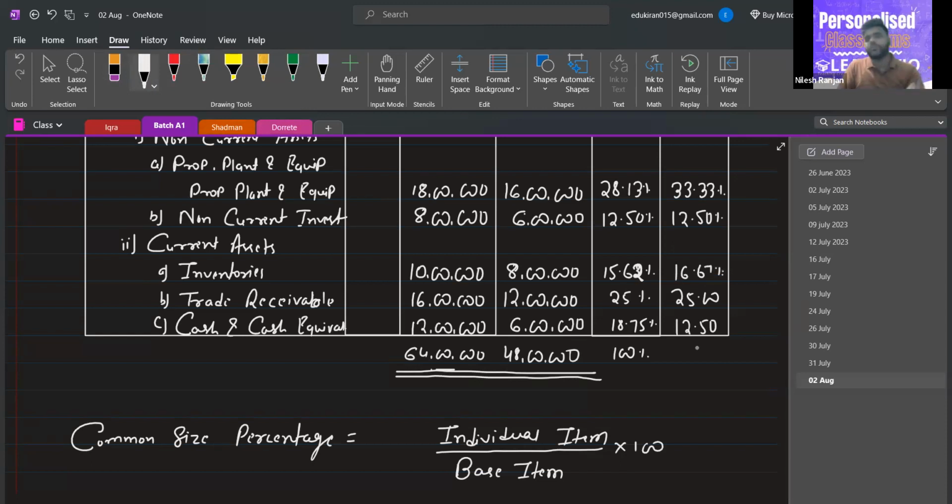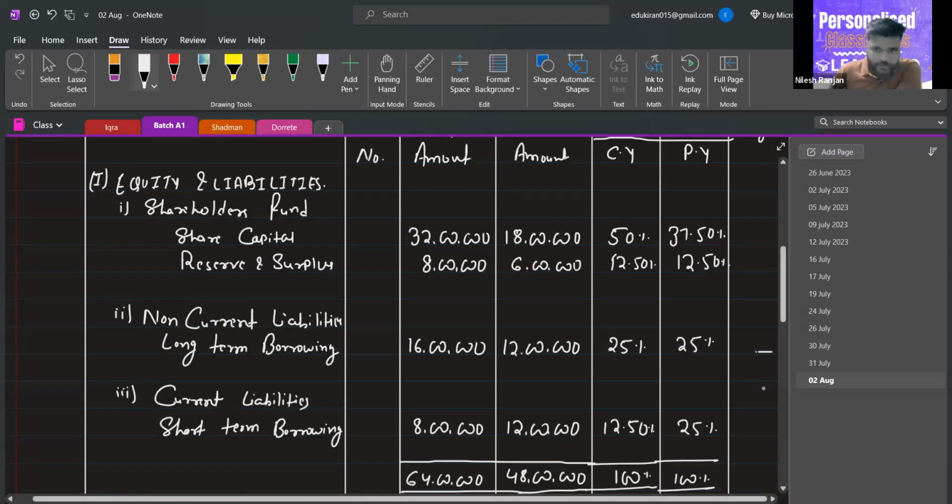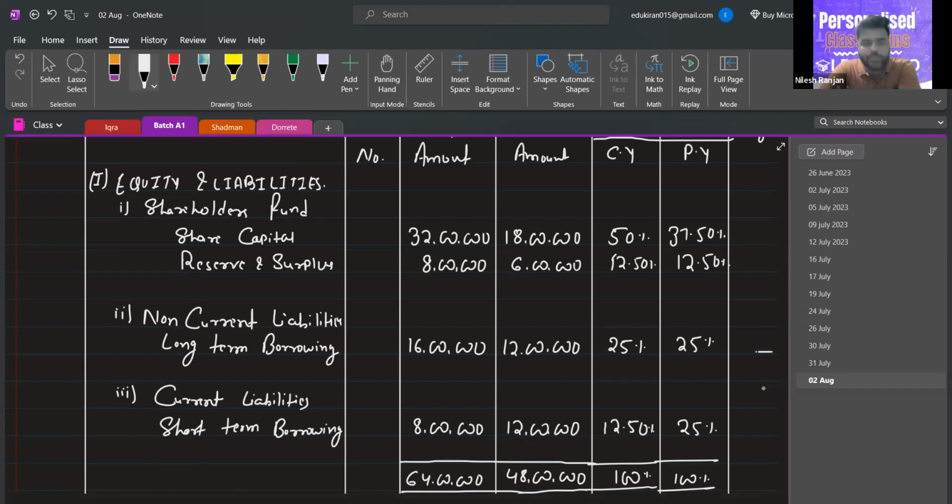So this is our solution, 100%. Now, if we analyze the data, in the first year the share capital is 50% of the total amount.